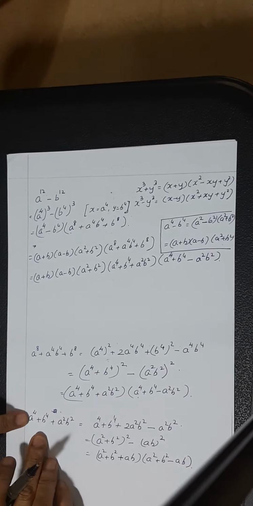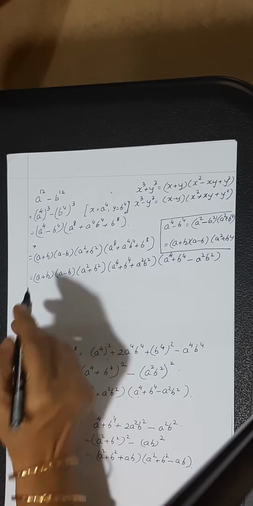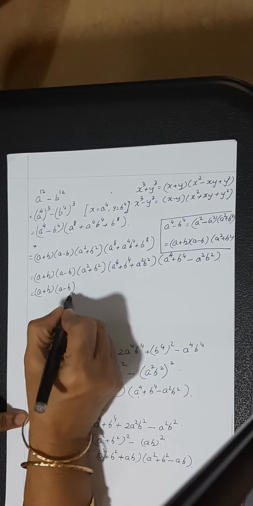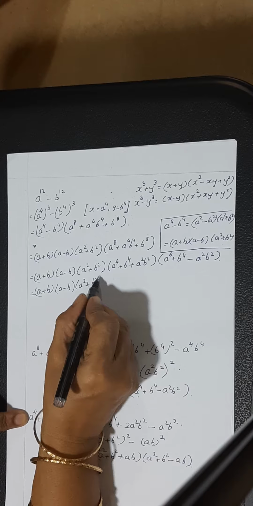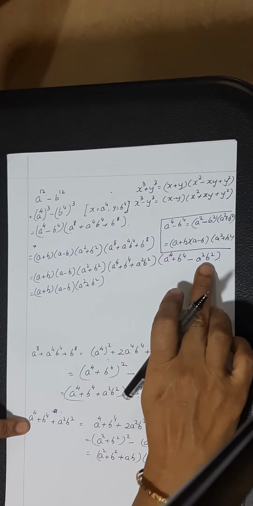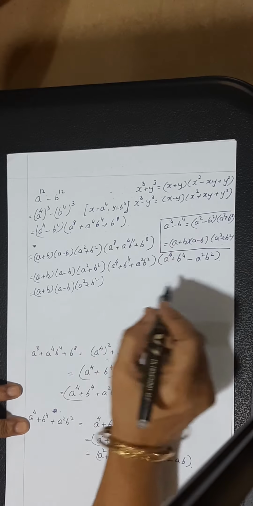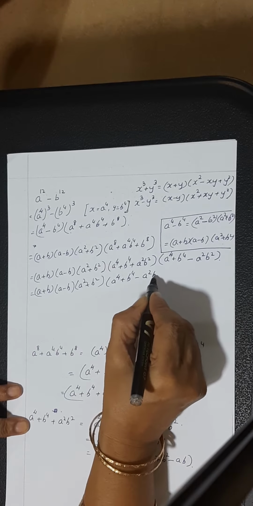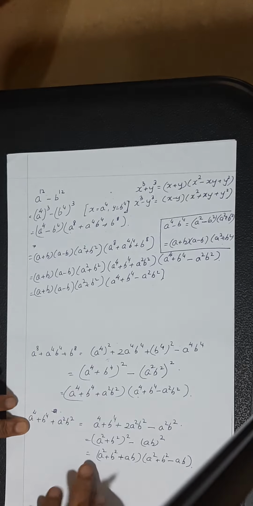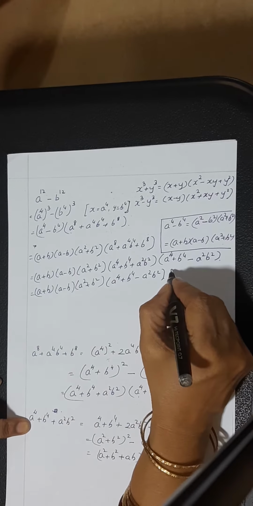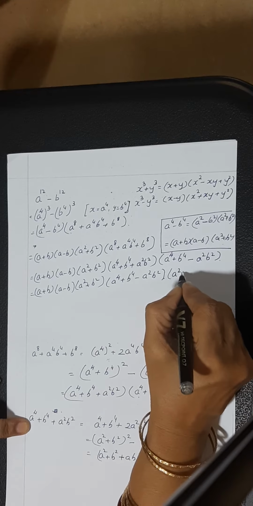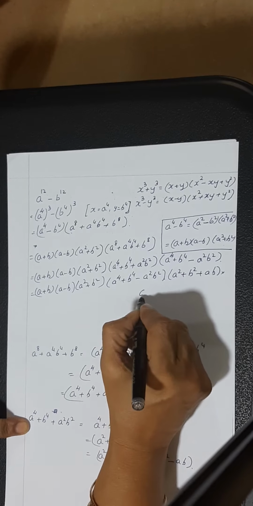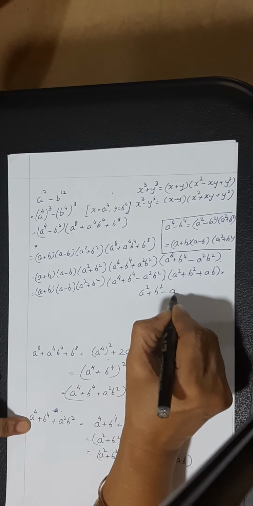Now here we are going to again substitute this with this. So this is equal to a plus b into a minus b into a squared plus b squared. So there is no change with this. So we will write down that a to the power of 4 plus b to the power of 4 minus a squared b squared into this we will substitute as a squared plus b squared plus ab into a squared plus b squared minus ab.